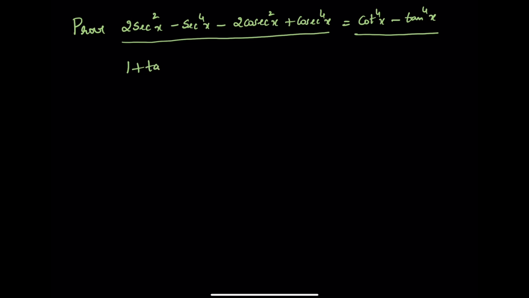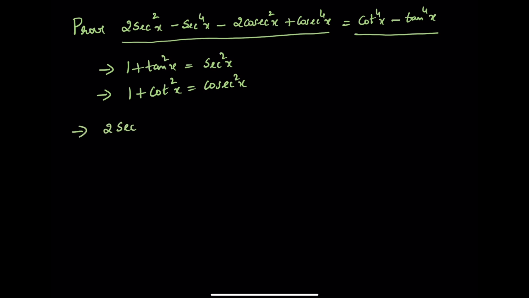1 plus tan square x is equal to secant square x. That's one of the identities. The other identity we can use is 1 plus cot square x is equal to cosecant square x. Now let us start with the left hand side of the equation.